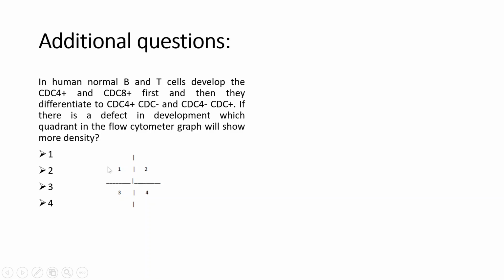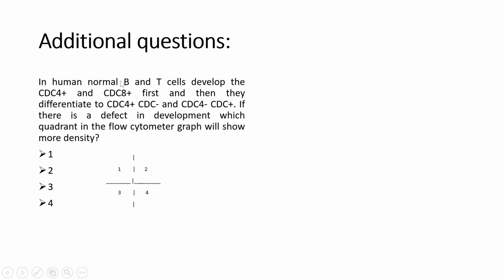Suppose along the x-axis we are measuring the CD4 plus marker, and along the y-axis we are measuring the CD8 plus marker. The question tells us that normal human B and T cells, initially during the development process, express both of these markers, that is both CD4 plus and CD8 plus.